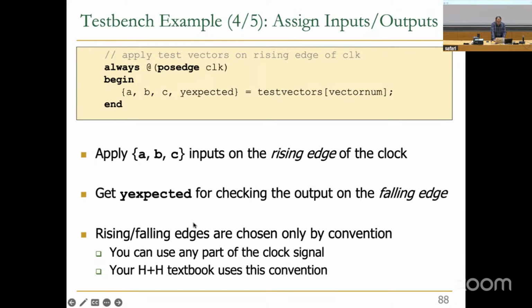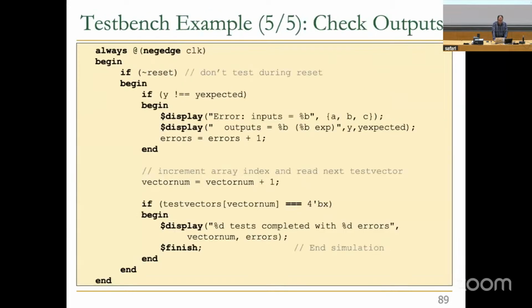This rising and falling edge are chosen only by convention. Your book uses this, but you can use any part of the clock signal as you wish. This is not really important, just the concept is important here. On the negative edge of the clock, if it's not reset, we need to check. If the output of the circuit on that negative edge is not equal to y expected, then we display an error, and we increment our errors.